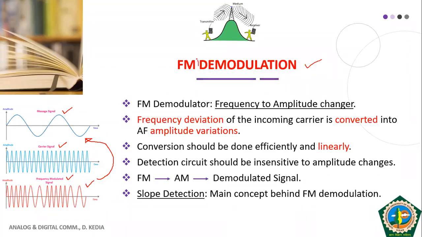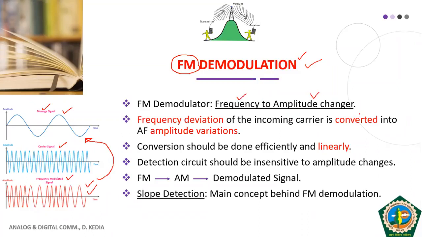And since we are talking about FM demodulation in particular, and we know the concept of frequency modulation. So in frequency modulation, what we do, we convert amplitude changes into frequency changes. So now in demodulation, reverse will happen. So in case of FM demodulation, we have to convert our frequency to the amplitude.